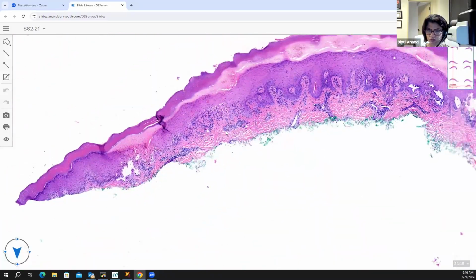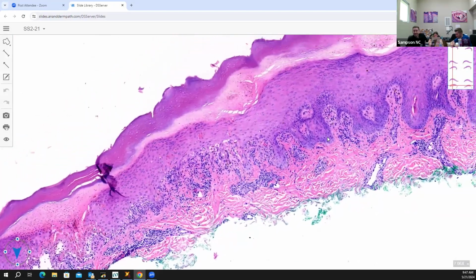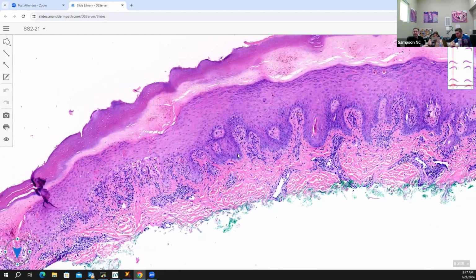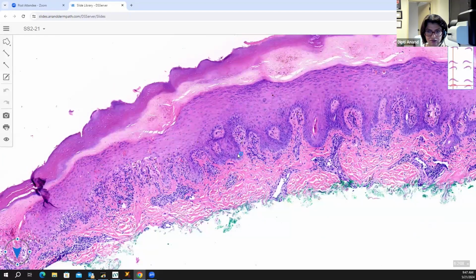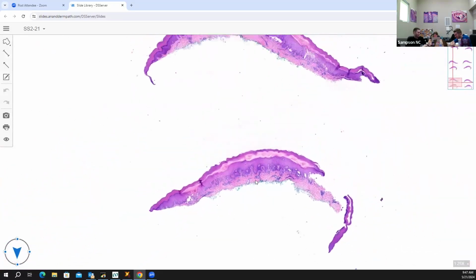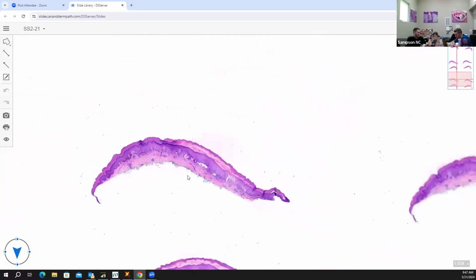I don't see it being very acute, so I would say it's chronic. Why do you say it's chronic? Well, I don't have any clues. It being on an acral surface, I don't see any acute changes, like any crust.